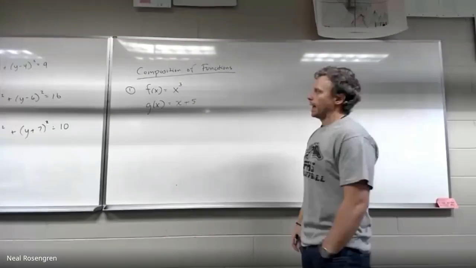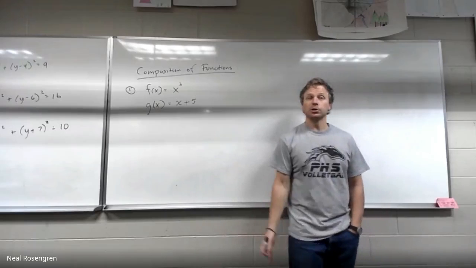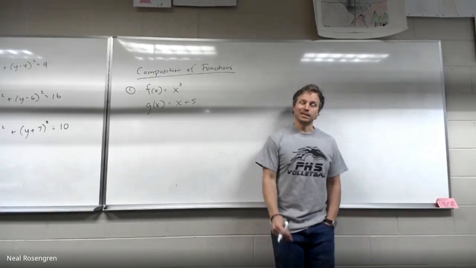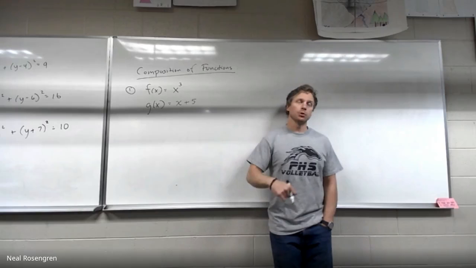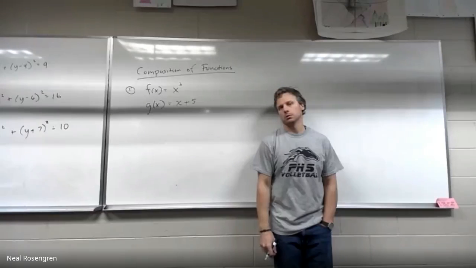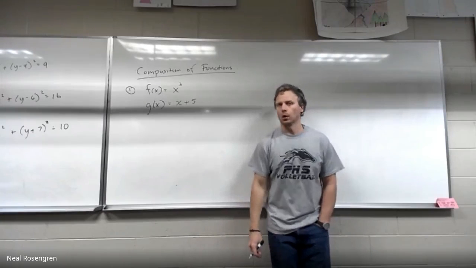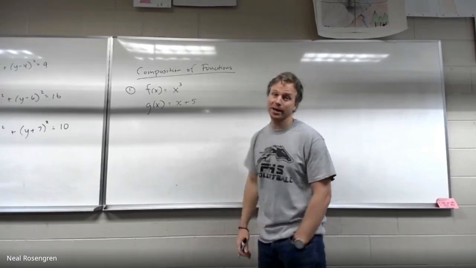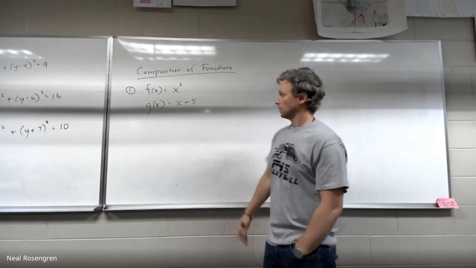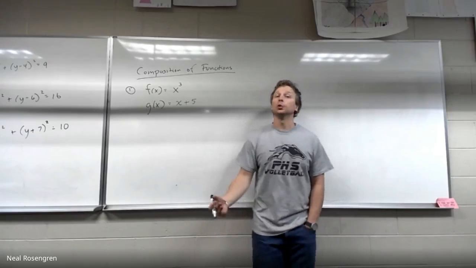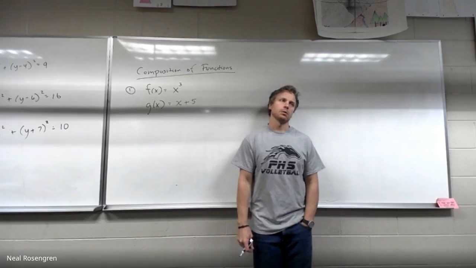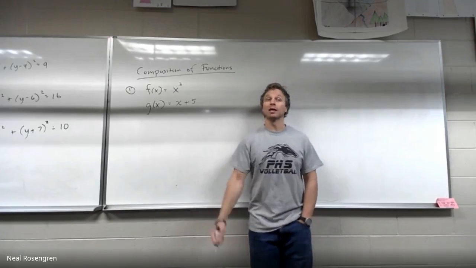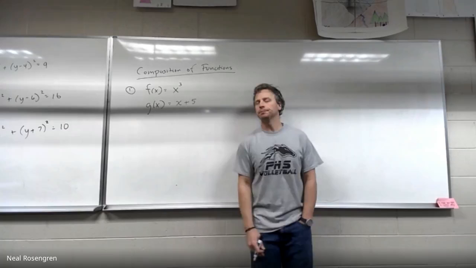Okay. And what they're going to ask us to do is take an x value and drop it into one of those and see what you get. So let's say x is equal to -2. They're going to tell us which one to plug it into first and see what we get.